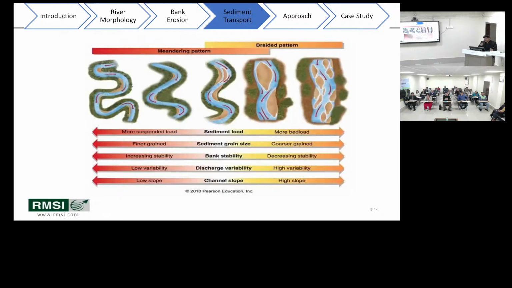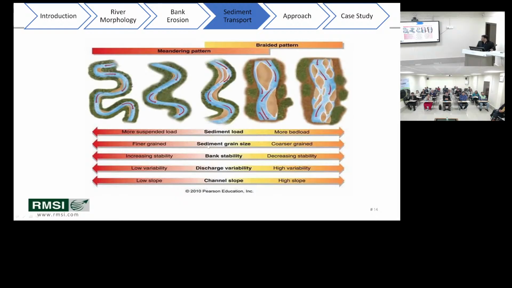Coming to the patterns of the river, if we see the figure, as we move from right to left, the meandering is increasing, and as we move from here to here, the braiding pattern will be increasing. If we consider the sediment load and pattern, the more the braiding pattern, the more the bed load, and the more the meandering pattern, the more the suspended load in the river.